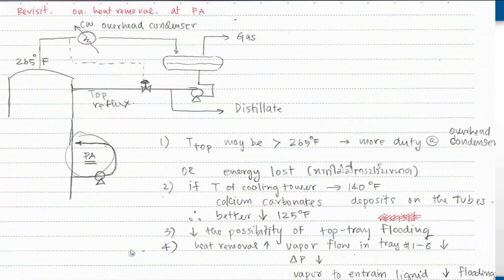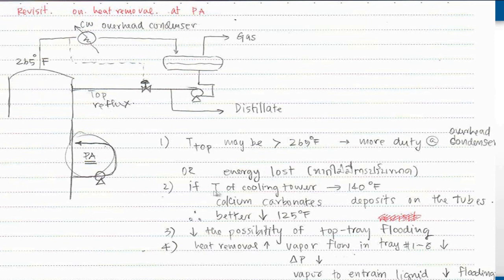The first one, if we don't remove the heat by the PA, the temperature at the top will be higher than 265 degrees Fahrenheit. That will cause more duty to remove the heat out here, otherwise the energy may be lost.